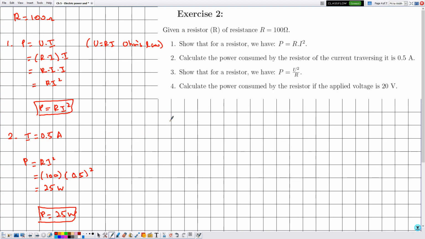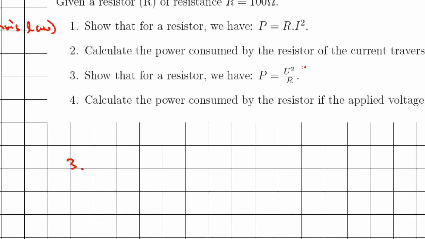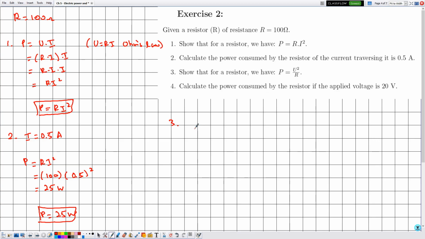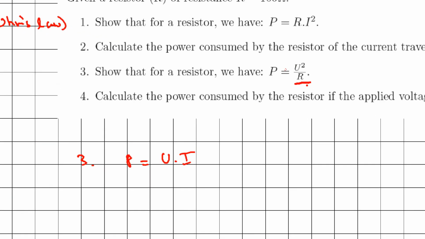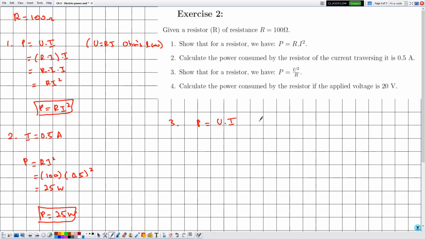Now in number 3, they are telling me to show that for a resistor we have P is equal to U square over R. So we need to prove that P is equal to U square over R, and this can be done by starting from the general form, which is given by P is equal to U multiplied by I. Because R appears in the equation, this gives us a hint that we need to apply Ohm's law to replace the value of I, because I doesn't appear in the equation. Then U is equal to R multiplied by I, this is given by Ohm's law.